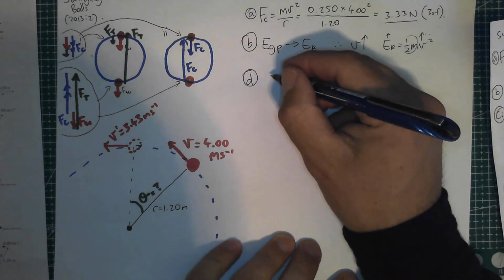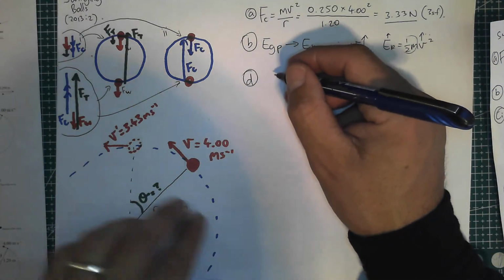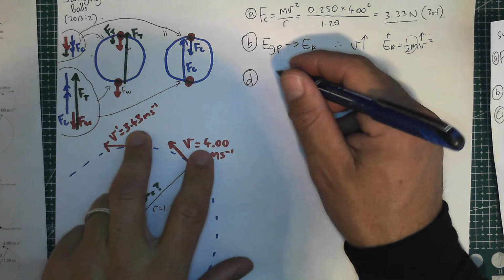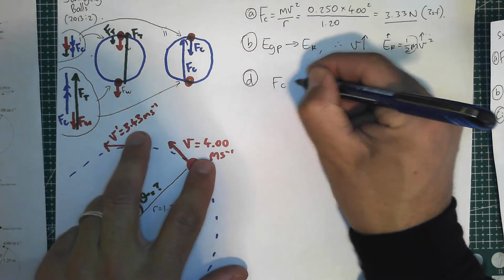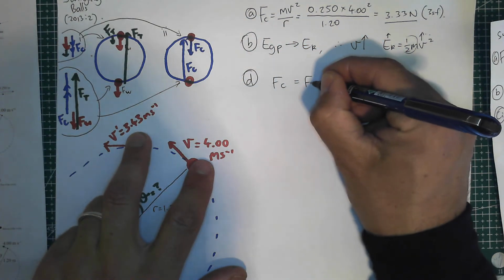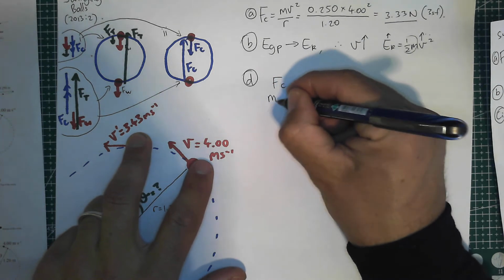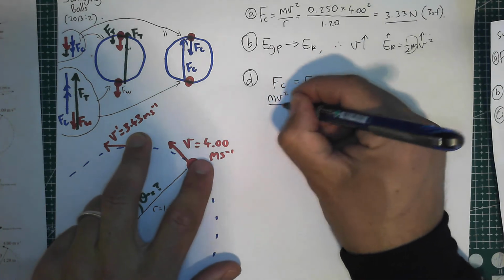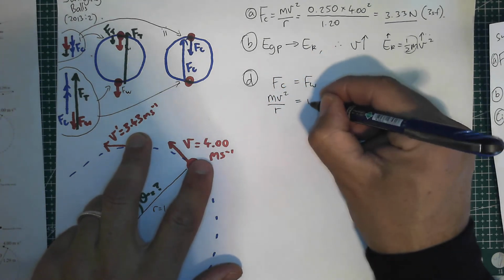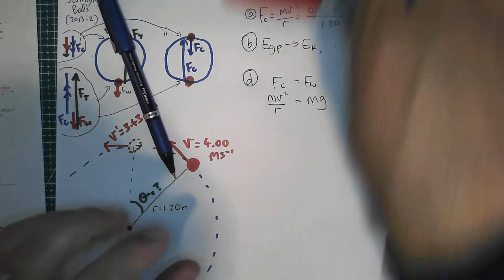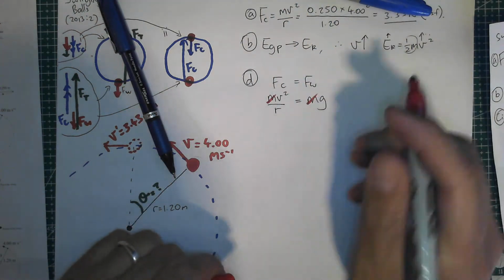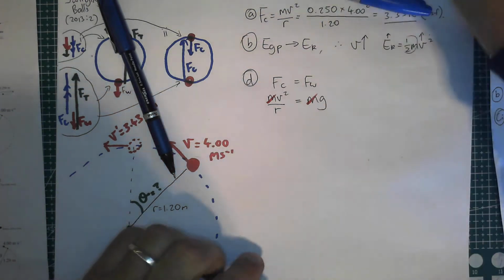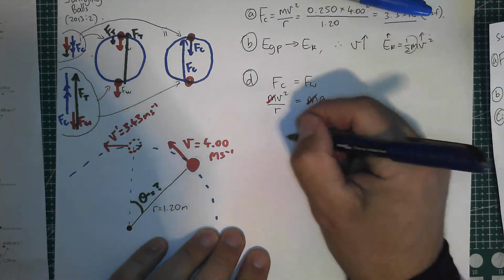Okay, step one is answering the first part of the question, which is to show that this is the velocity at the top. And the way we do that is by equating these two together. So we get mv squared over r equals mg. We get out our cancelling pen, get rid of the masses. And then we're going to rearrange this and make v the subject.